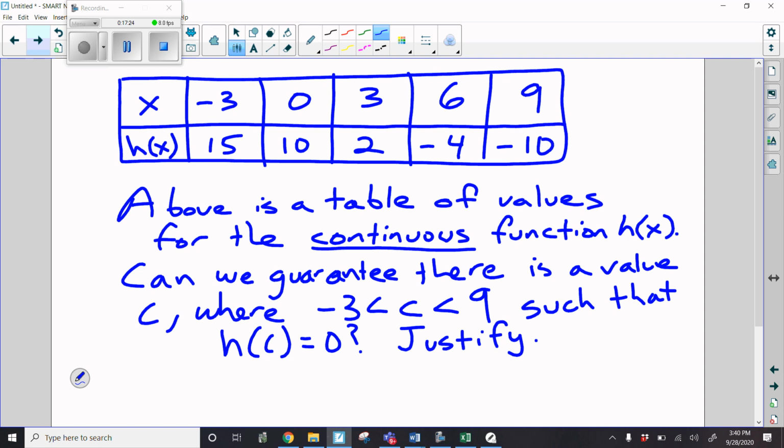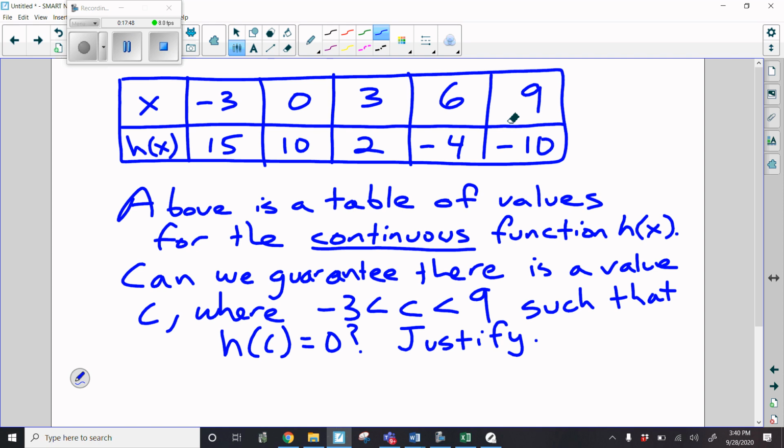Can we guarantee there is a value c where -3 is less than c is less than 9, right? So we're looking between our x values of -3, which is on the left part of the table here, and 9, which is on the right side. Can we guarantee there's a c in there somewhere where h of c equals 0? And then again, we have to justify, okay?